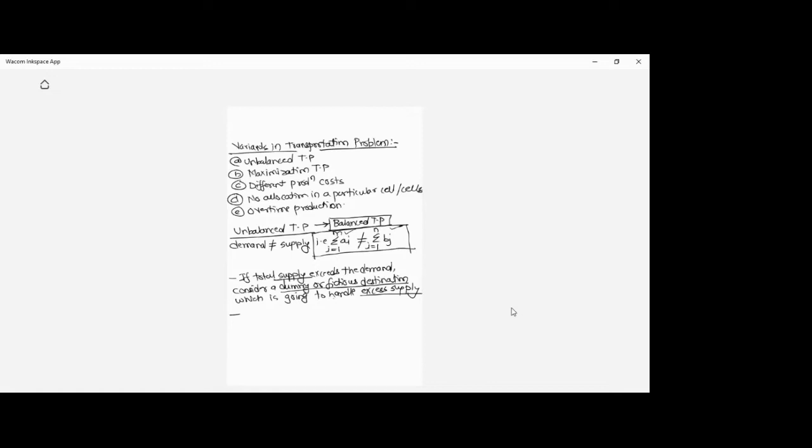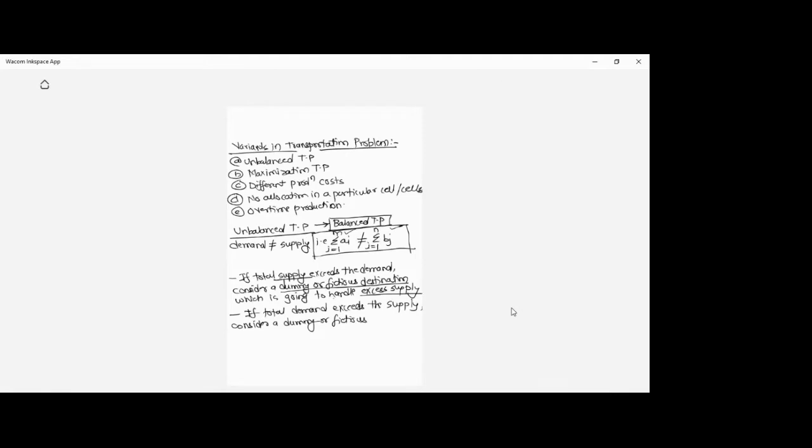If the total demand exceeds the supply, what will be the case? Here we don't have to consider a dummy or fictitious destination.